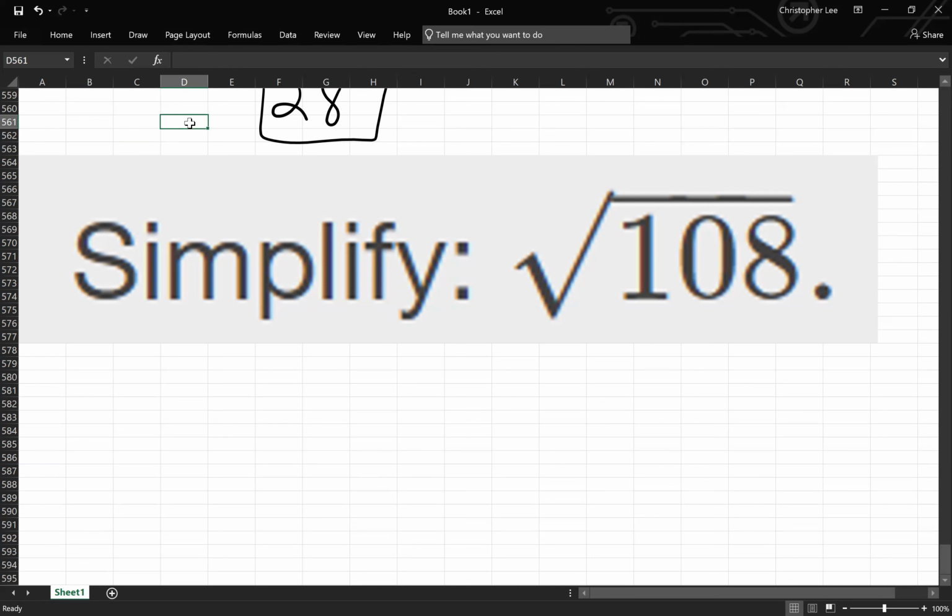I want the largest perfect square that goes into it. You can do it. Just tell me what to do.